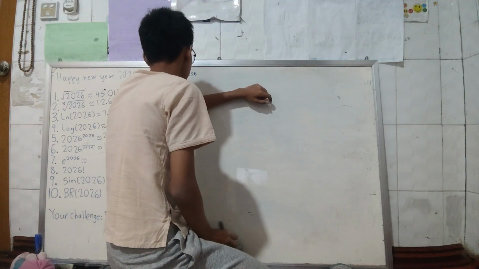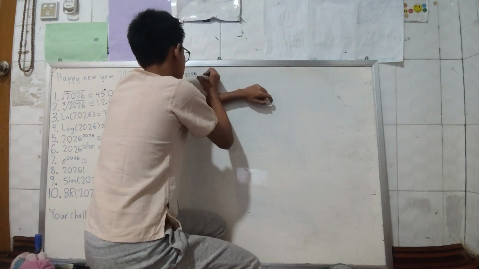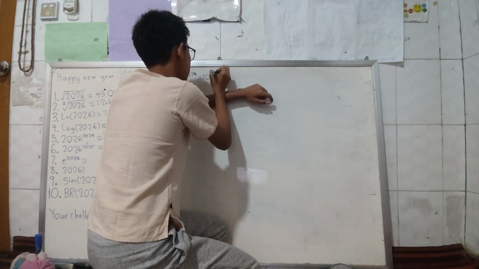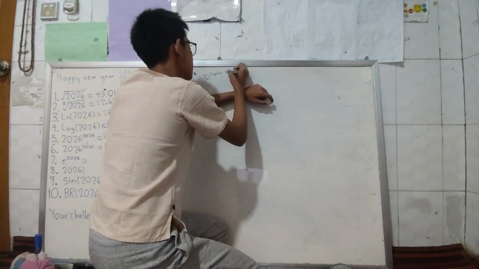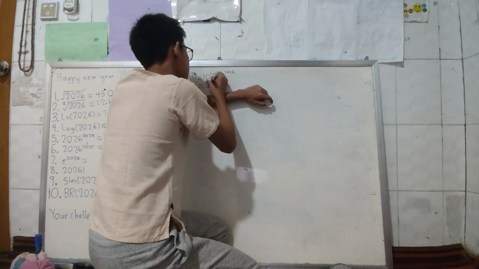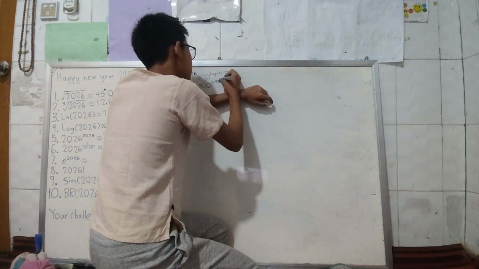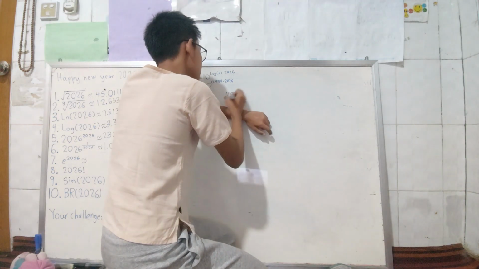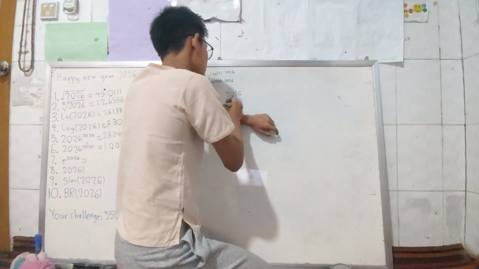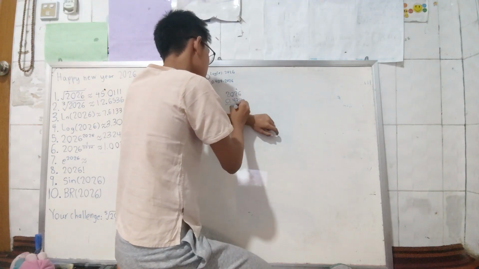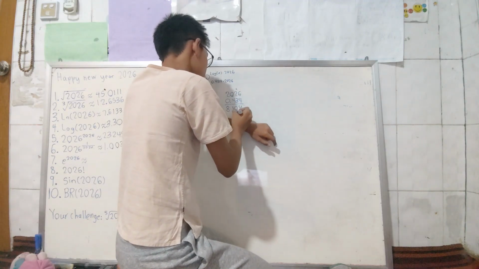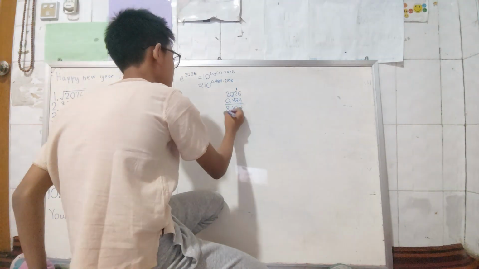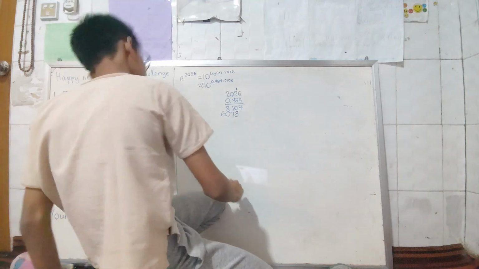So that's going to be 10 to the logarithm of e times 2026. The logarithm of e is approximately 0.434 times 2026. 2026 by 0.434. 24, 8, 10, 8, 18, 6, 7, and then it's going to be 6 right there.